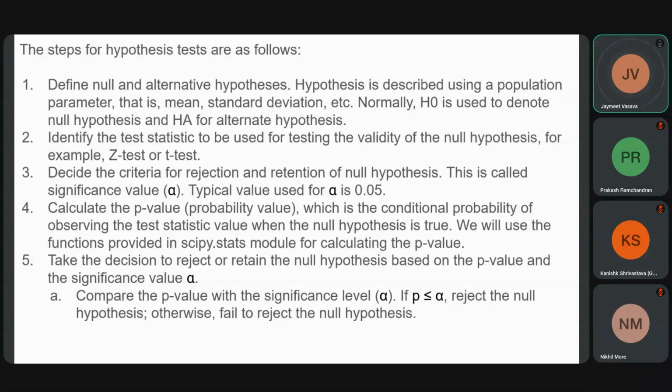You can be a bit flexible also depending on the case, but you can loosely follow it for reference when conducting a hypothesis test. So the first point is defining a null and an alternative hypothesis, and the null hypothesis is denoted by H0, and the alternative hypothesis is denoted by HA or H1.